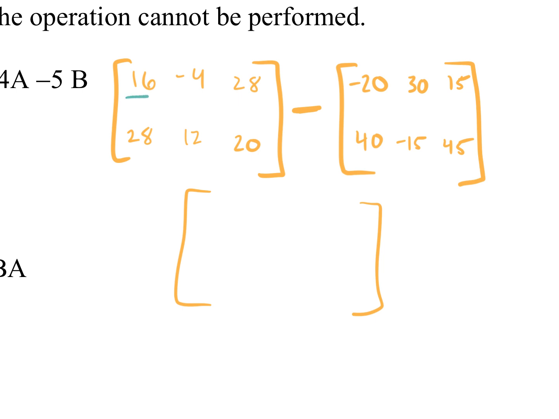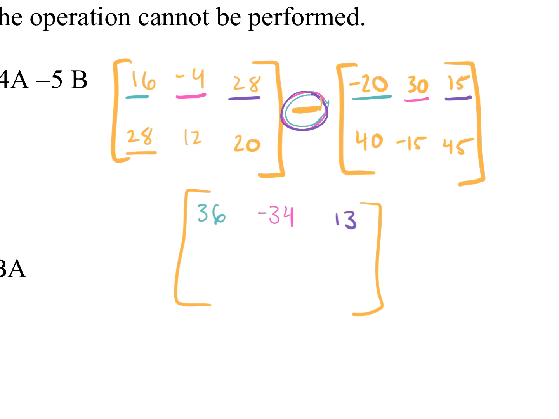First we have 16 minus negative 20. If you need to write out each step, write it out, do it one at a time. When we have minus a negative number, it turns into plus. So 16 plus 20 would be what? 36, perfect. Then negative 4 minus 30 would be negative 34. Then 28 minus 15. What's 28 minus 15? 13, awesome.